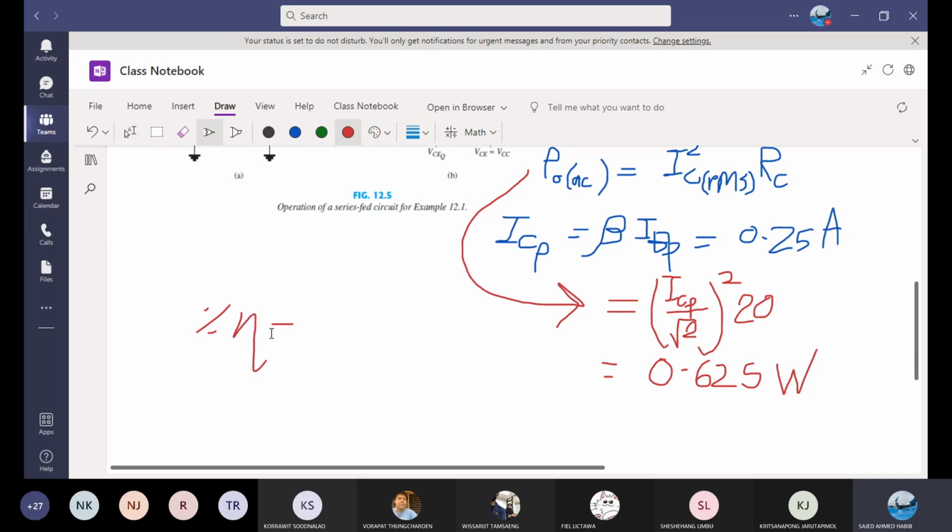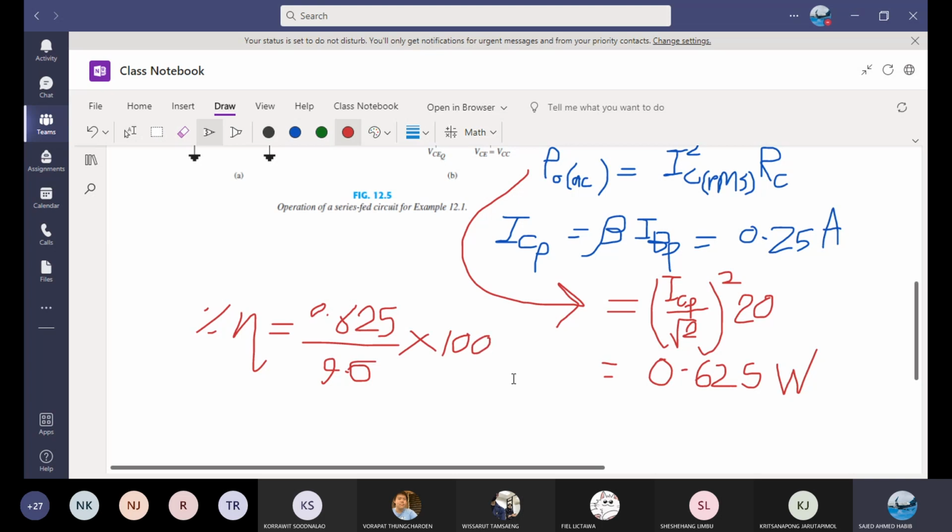Efficiency will be 0.625 divided by 9.6, multiplied by 100.